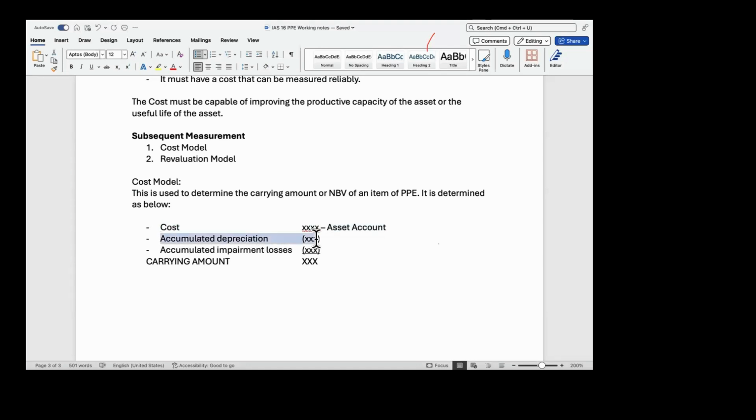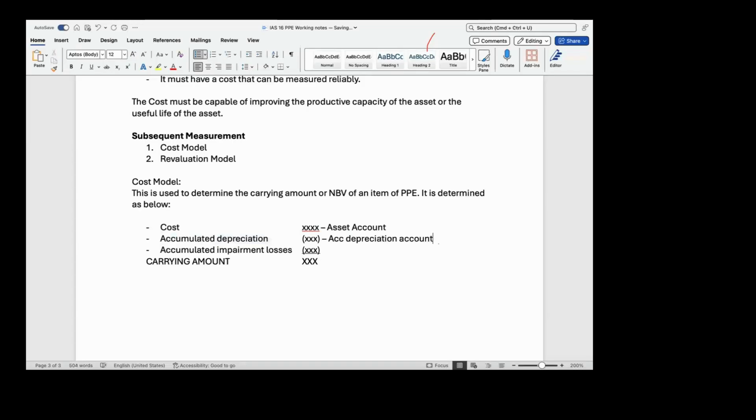This accumulated depreciation, I haven't taught you depreciation. Of course, that's the next thing I will teach you now. So you get this one from the accumulated depreciation account. This one is a separate account.